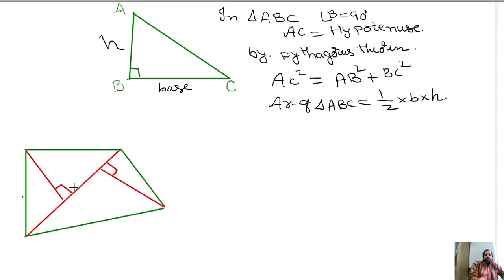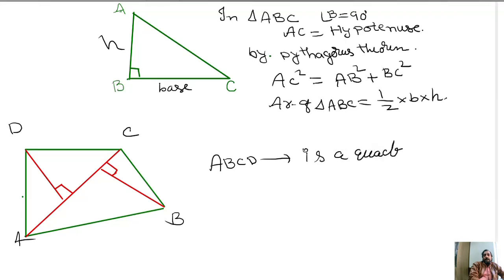Now coming to what is this? It is a quadrilateral ABCD. ABCD is a quadrilateral, right? Then what is AC?